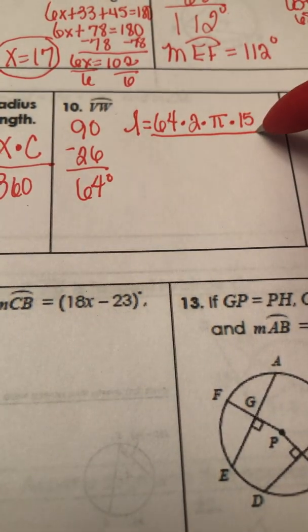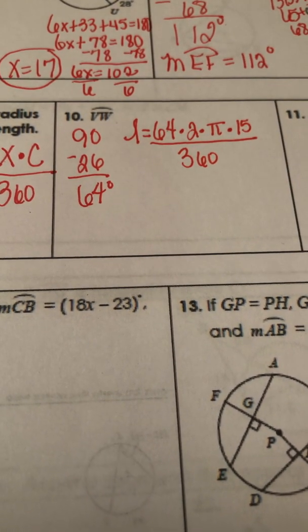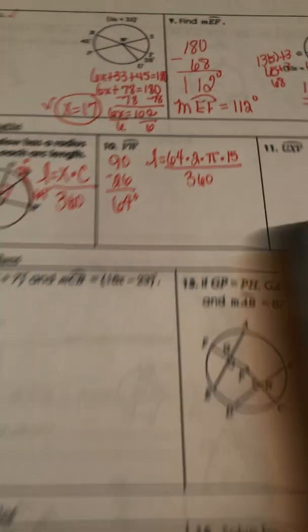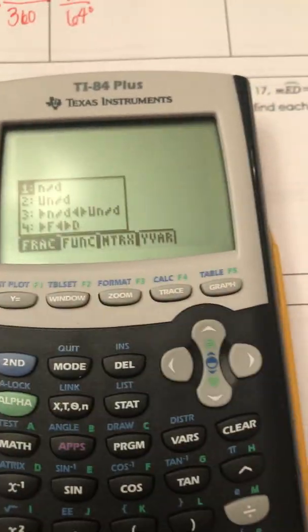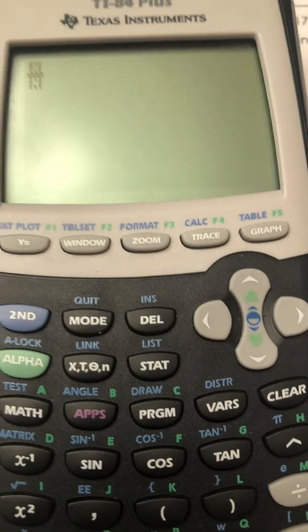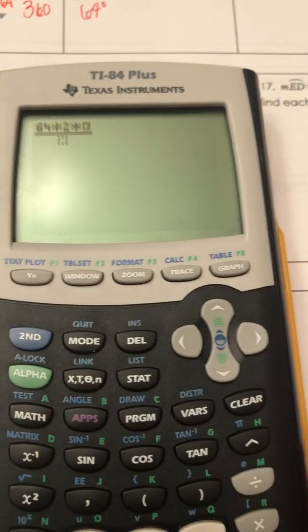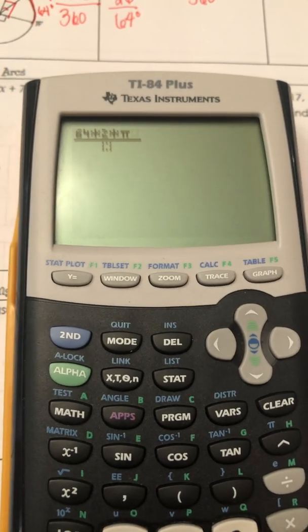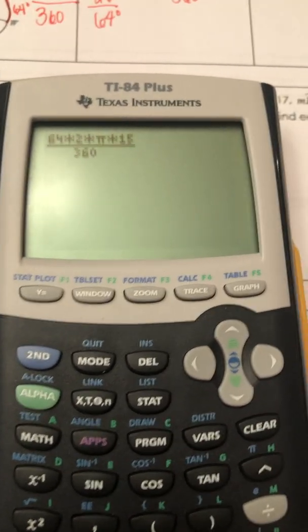And I'll take the entire thing and divide it by 360. Okay, let's go to our calculator. Okay, and we'll have 64 times 2 times pi with our pi button times 15. And we'll divide all of that by 360.